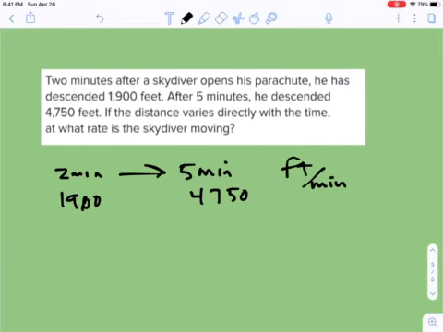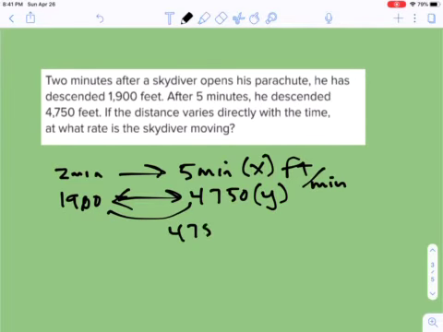So you would just figure out what's the difference here. So this is literally going to be our Y, the distance, and then our X is going to be the time. All right, so you would just do 4,750 minus 1,900 over 5 minus 2.